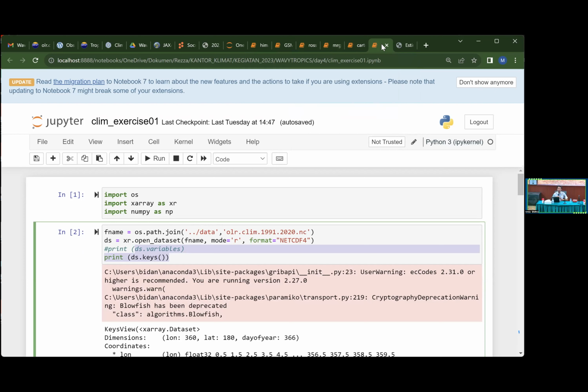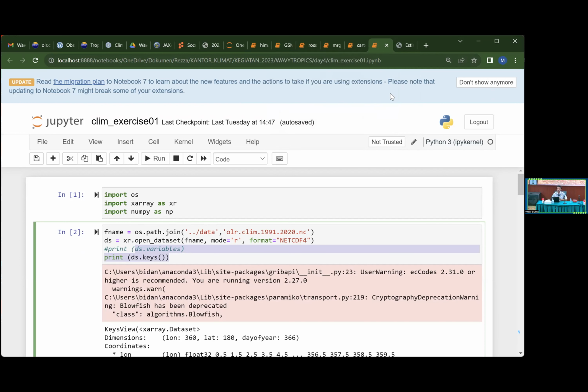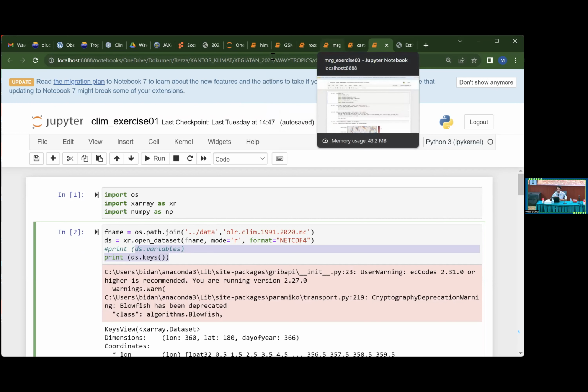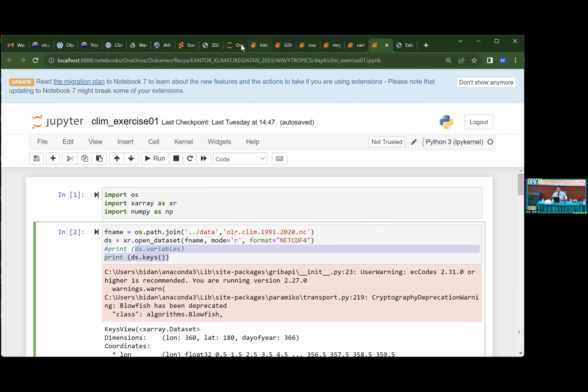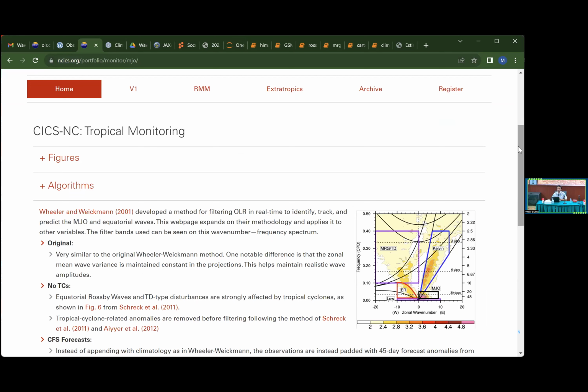OLR is very common to use because it is global data, and it can also be used as a proxy for rainfall, because it can represent the convection. For operational basis, we usually use this website from the NCICS.